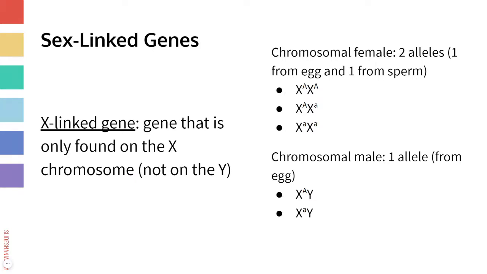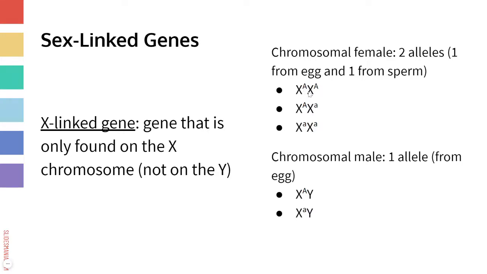And when we're doing the notation for these kinds of traits, we use the X or Y chromosome themselves as sort of the base letter, and then we'll use superscripts to denote dominant or recessive. So somebody who's chromosomally female, remember, is going to have two X chromosomes. So we'll be using two X's for our main letters, and then in this case, I'm using a big A and a little a.